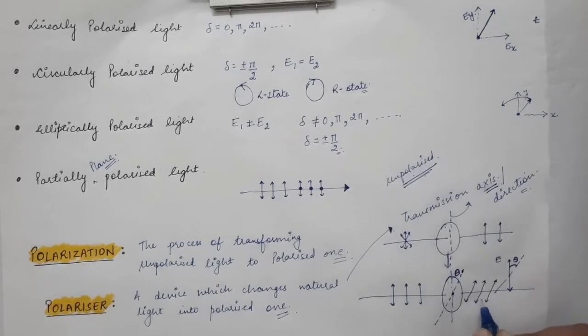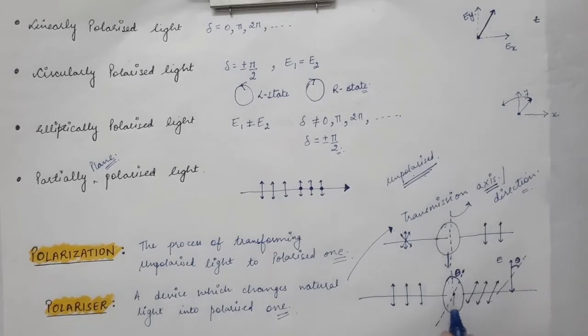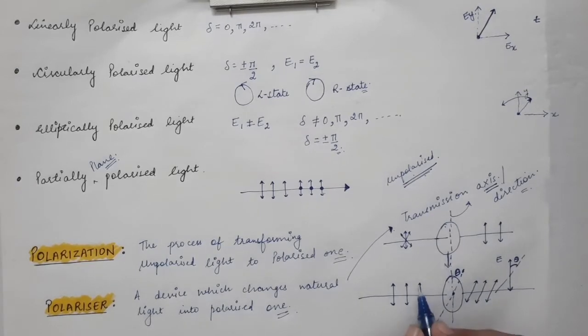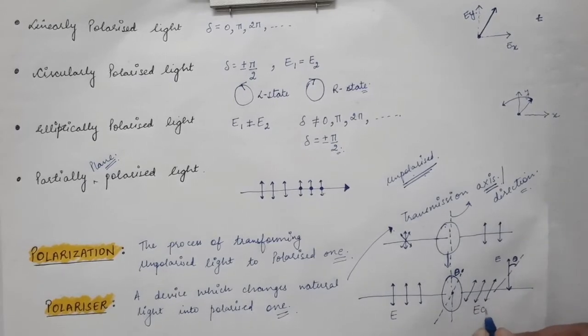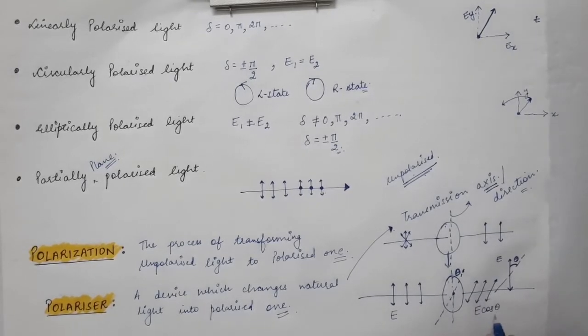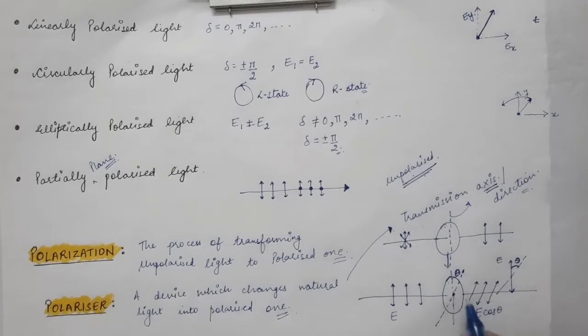So these electric field vibrations will be along the transmission axis. Earlier the vibrations were something like this. Now the vibrations have tilted by theta angle, and here the electric field was E, but over here the electric field is now E cos theta, because only the E cos theta component has been allowed to pass through the transmission axis and the E sin theta component is completely blocked.